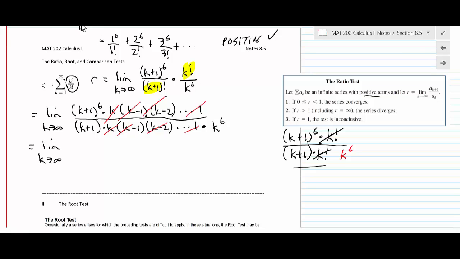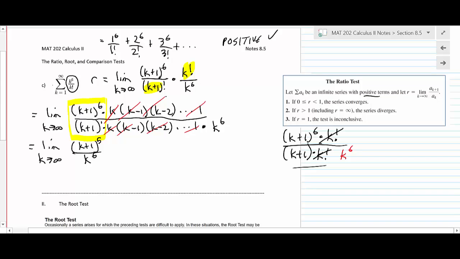What would happen to this little piece that I circled? What would that go to? K plus 1 to the 5th, right? Because you could subtract those exponents, or one of them would cancel out, so you would have k plus 1 to the 5th, and then you would have k to the 6th like that, okay?